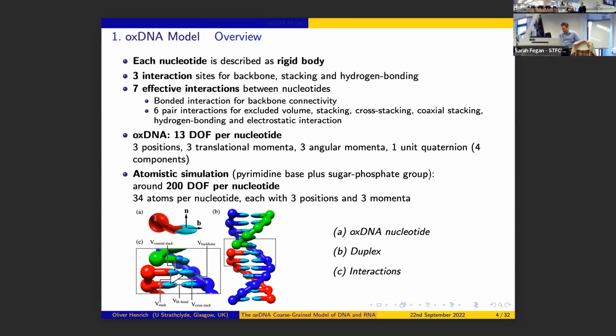This is often how it is visualized, but we're talking about just one rigid body. This is just for visualization purposes that you draw something like that.